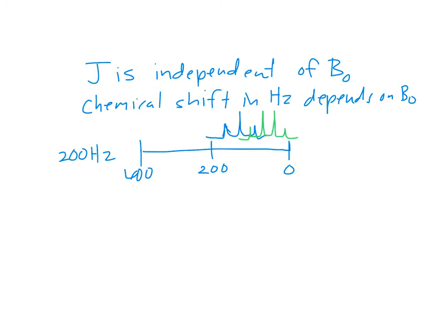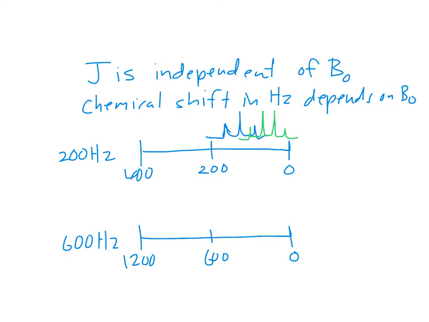If we go to, say, 600 hertz, then on our same scale, this is still 0, but this is 600 and 1200, and the chemical shifts will stay the same in parts per million, but essentially there will be more difference between these multiplets in hertz.